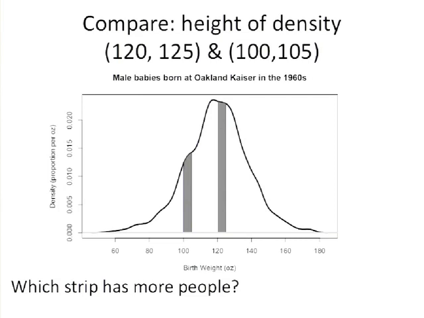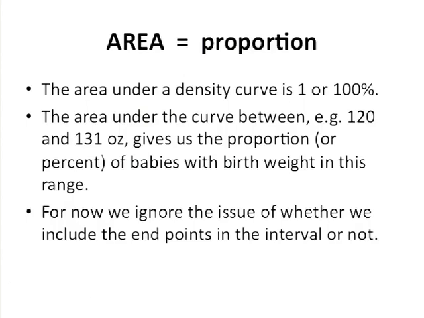So we can use a density plot to figure out proportions within our observed data. In particular, the area under a density curve equals either 100% or 1, 1 meaning the total, or 100% meaning the total. The way our density plots work in R is the area underneath it is 1.